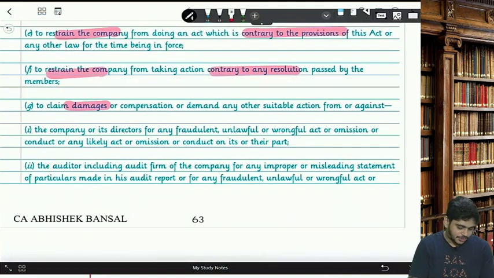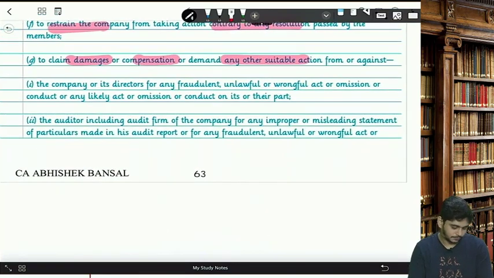To claim damages or compensation or demand any suitable actions from or against, this is important, the company or its directors for any fraudulent, unlawful or wrongful act. This was there already in 241. Very important: the auditor, including the audit firm of the company, who gave an improper, misleading statement of the particulars made in the audit report.